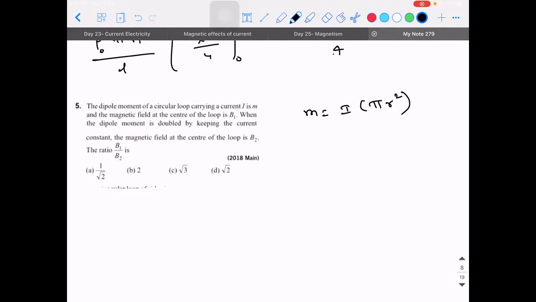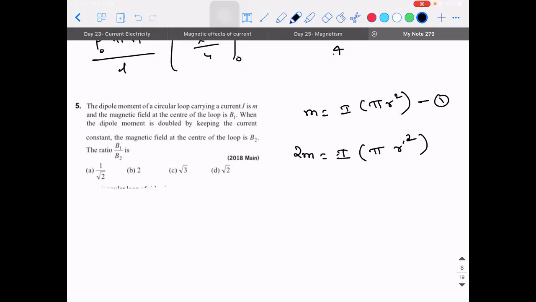So when that magnetic dipole moment is doubled by keeping the current constant, then what other parameters should have been changed? The radius should have been changed, right?